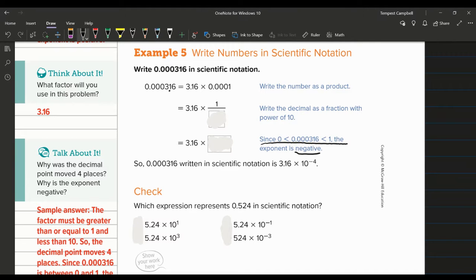We want to get the decimal in between the 3 and the 1 because this number has to be greater than or equal to 1 and less than 10. But it cannot be 10. So we have to put our decimal in between the 3 and the 1. So we're going to move it 1, 2, 3, 4 places.